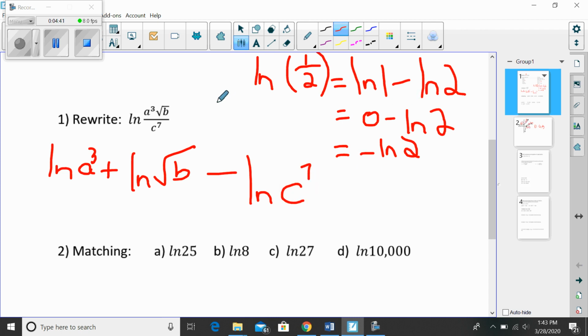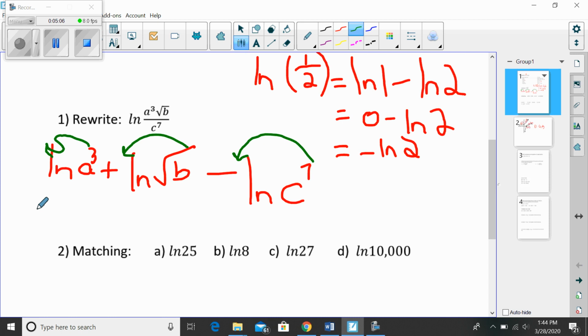But then what I do, according to the power rule, is these powers come in front, right? I should recognize that radical b is b to the 1/2, so the half would come out in front.